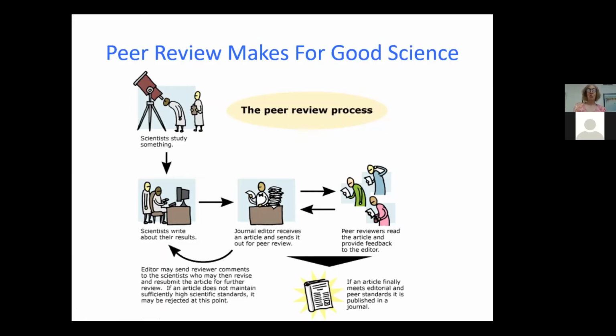Or if you really are out of luck, they may say, well, no, it's not suitable for this journal, or it's got problems and we're just not going to publish it. In which case you try another journal, though you might do a bit more work first to sort out the problems. Even this can be several rounds of back and forth, and it can take a lot of months.